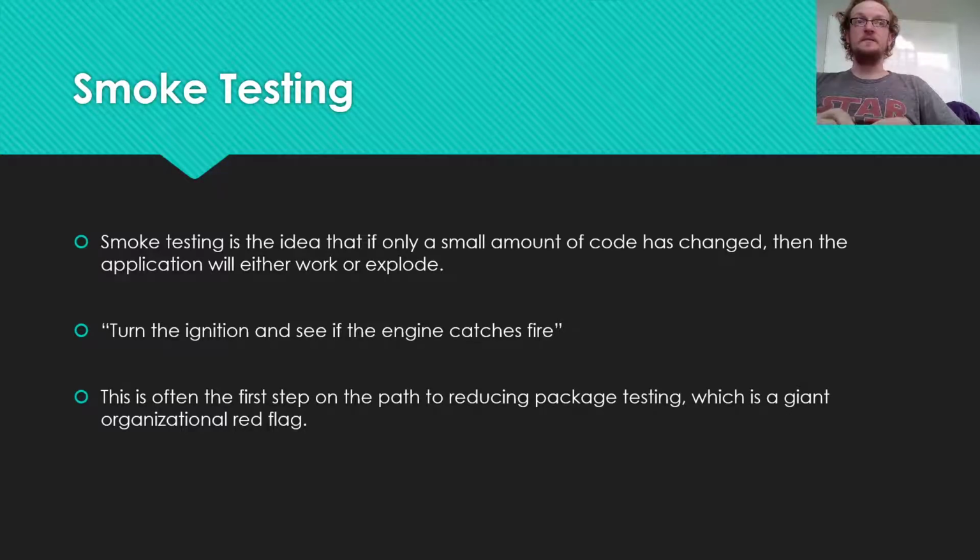The idea here, though, is if you have a patch that's very critical and you need to get it out to market, if you have only changed half of a line, like you changed a plus to a minus, theoretically, if your architecture is sound and if everything is put together correctly, smoke testing that one component before releasing the piece of code should be sufficient, should be all you need.